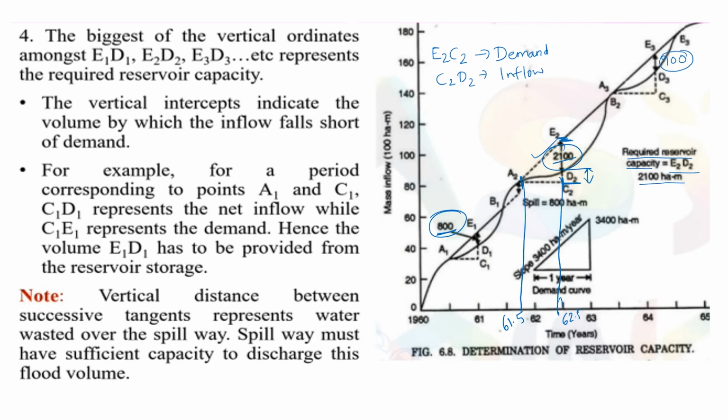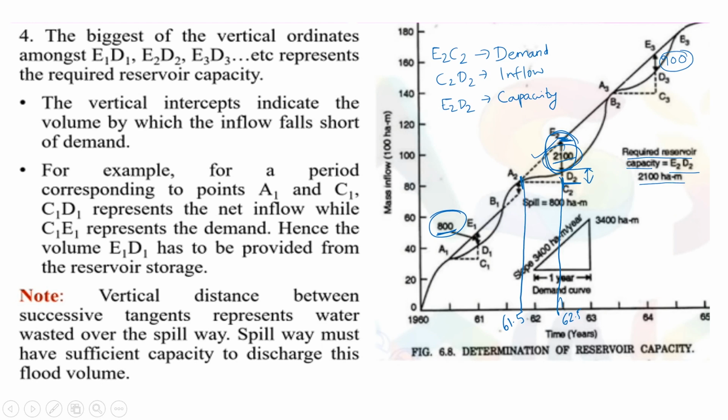So demand is this much, that is E2 C2, and inflow is only this much, and we need to have additional water, that is E2 D2, which will be the capacity of the reservoir. So these different vertical intercepts have different meanings: E2 C2 is the demand, C2 D2 is the inflow, and E2 D2 is the capacity of the reservoir we need to provide. That is what is explained in this example.